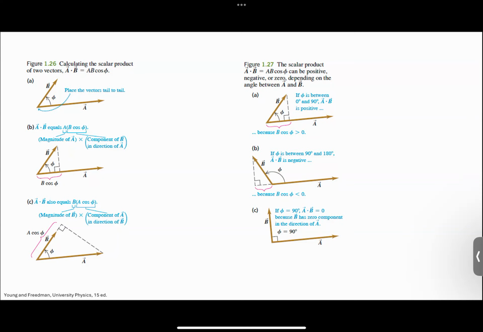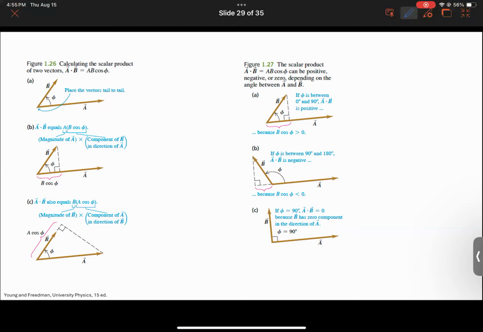Okay, but in terms of physical interpretation, that will depend on the quantity that we are talking about. Like, for example, sa work, we use a scalar product to describe yung definition ng work. And dun sa quantity na torque, we use a vector product to describe yung definition ng torque. Work kasi is a scalar quantity, and on the other hand, yung torque naman is a vector quantity.